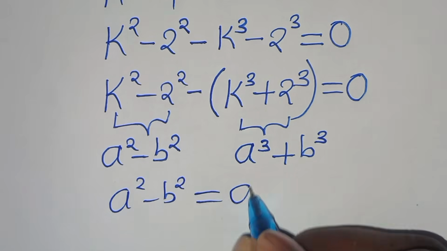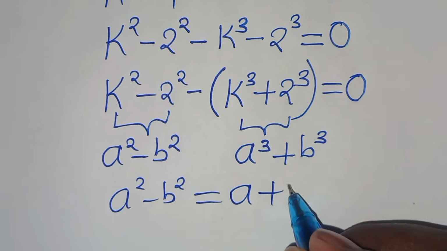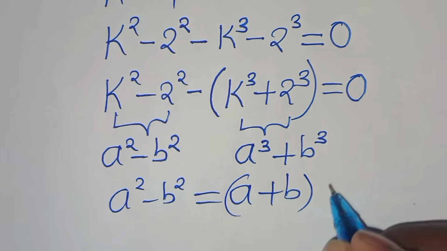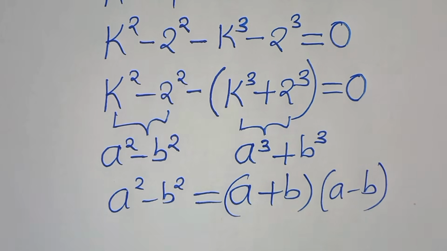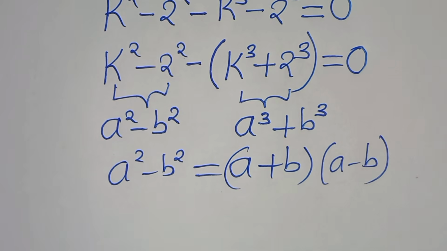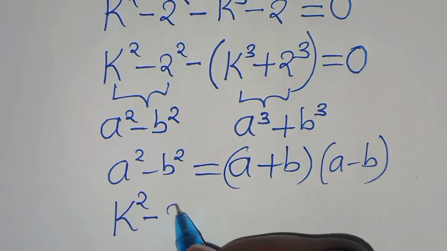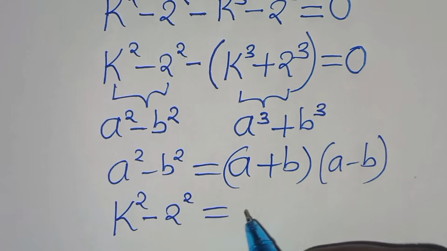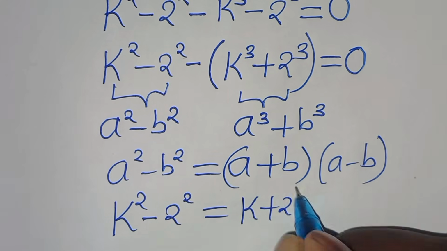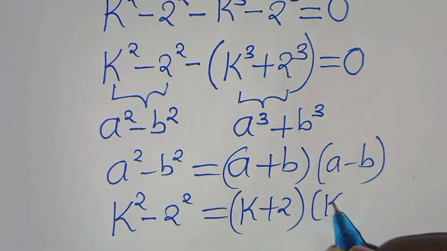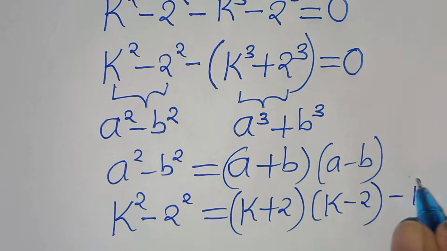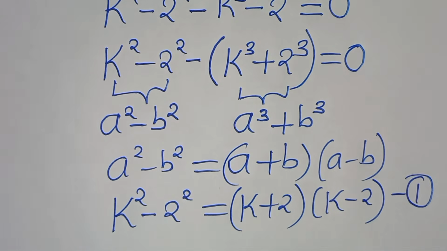This is equal to a plus b multiplied by a subtract b. So this means that we have k squared minus 2 squared, which we can express as k plus 2, then k minus 2. Let's call this case 1.